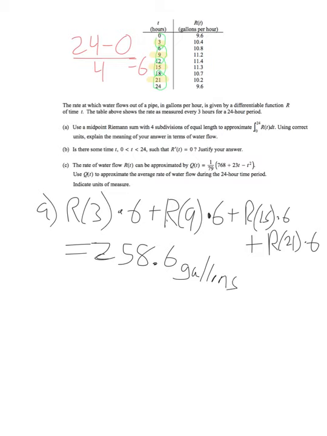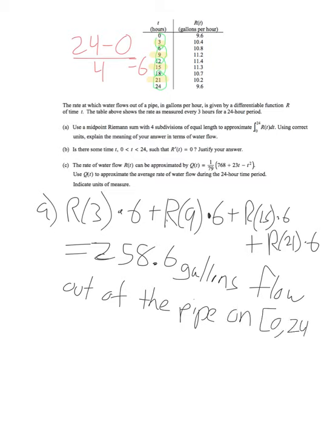Well, since R of t is the rate at which water flows out of the pipe, we're going to say this represents 258.6 gallons in total flow out of the pipe on the interval from 0 to 24. So that's how we would do that one. That's what our answer would mean.